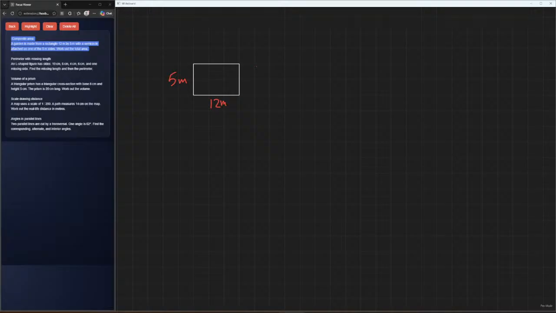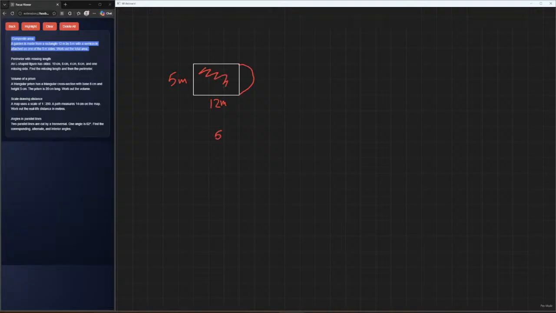So one of these sides is like half of a circle, if it makes sense. Work out the total area. So now we need to find this part.